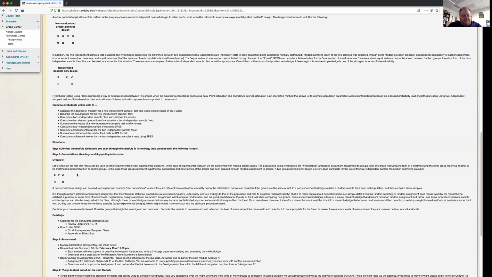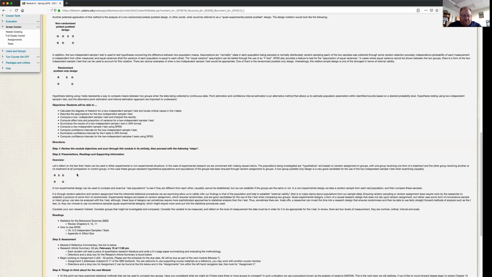Thus, sometimes there are trade-offs. A researcher can invest the time into a research design that ensures randomness and then be able to use fairly straightforward methods of analysis such as the t-test, or they can choose to use convenience samples, quasi-experimental designs, which might require more work put into the statistical procedures used.